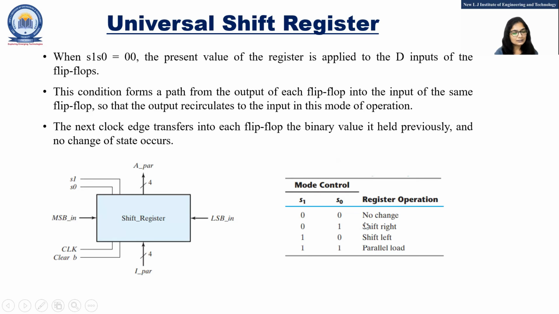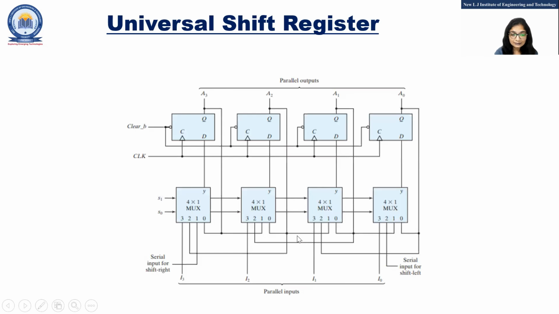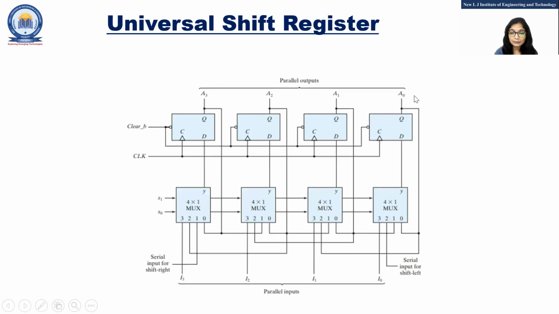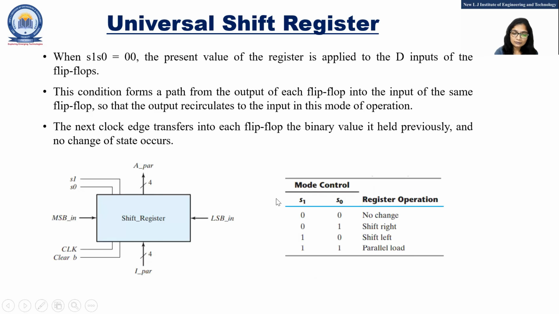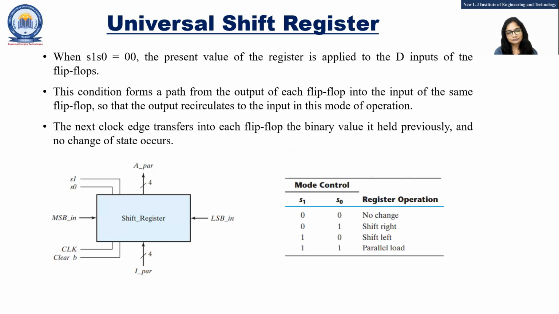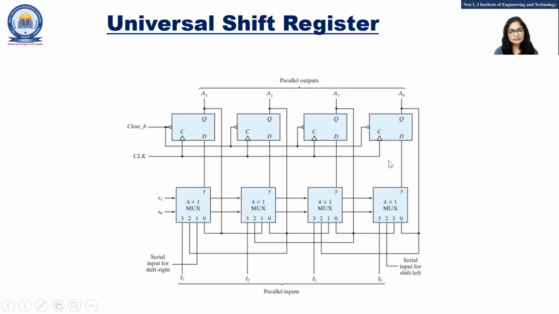If it is 0, 1, shift right operation will be performed by this circuit. If the control signal is 1, 0, then shift left operation will be performed. If it is 1, 1, then parallel load operation will be performed. So this circuit I can use for 4 different tasks, but that depends on the control signal. Which control signals I am going to use depends on the application. So this is the universal shift register.